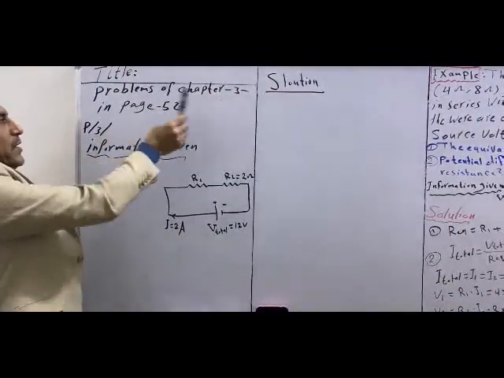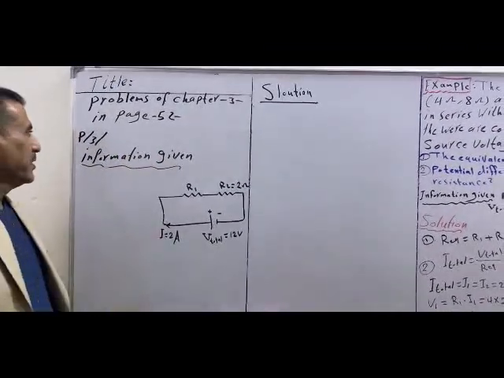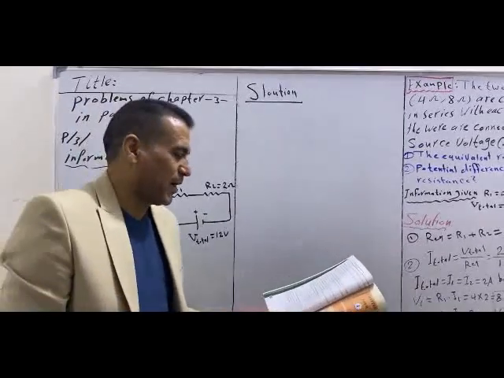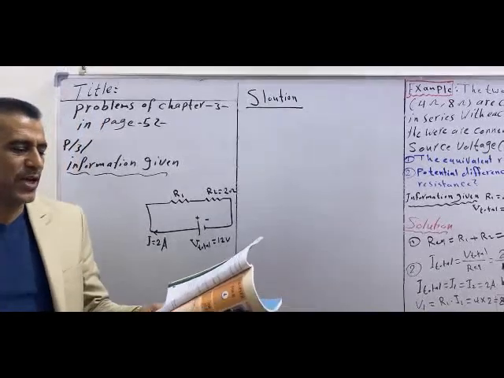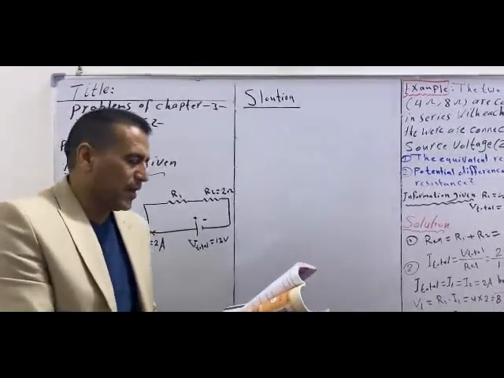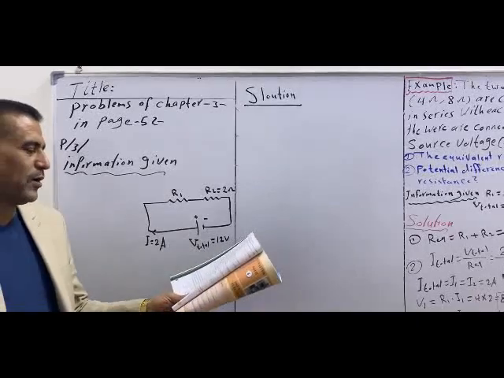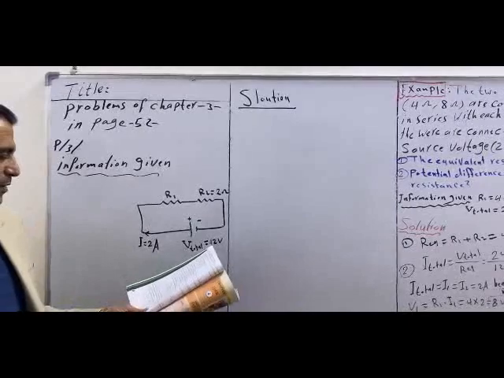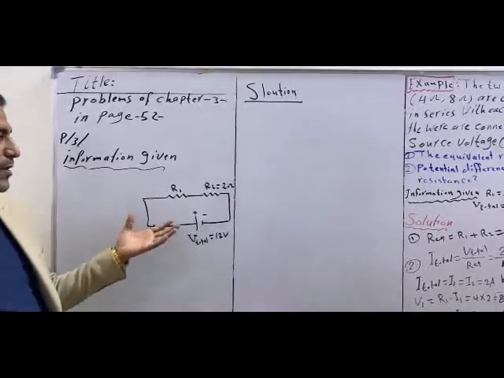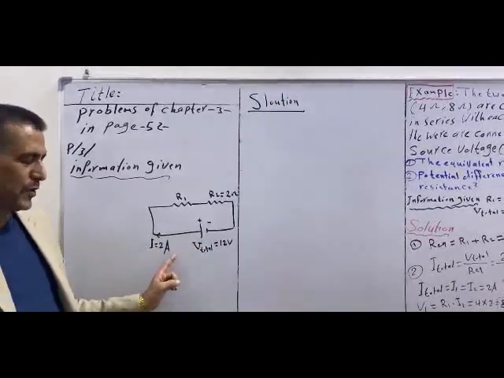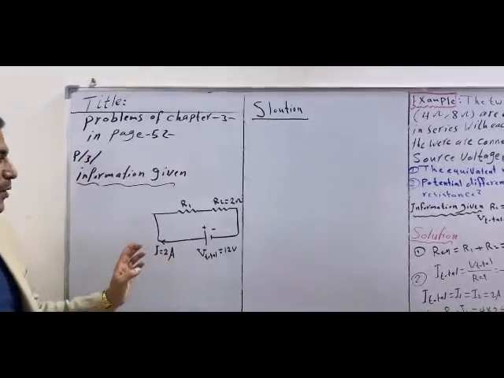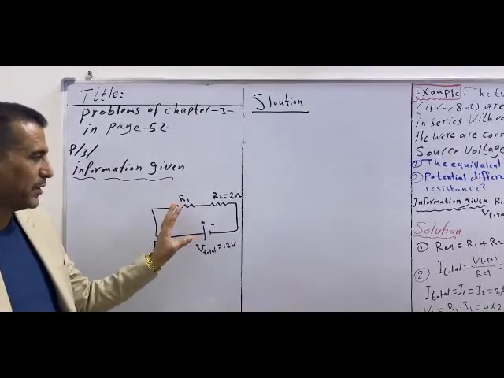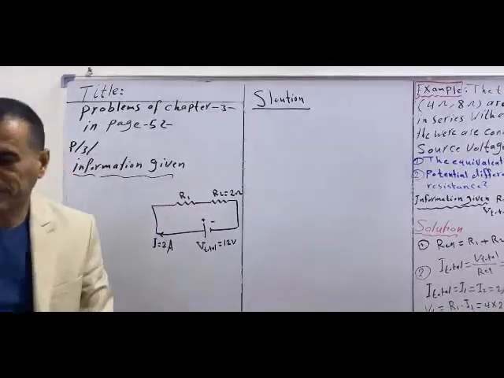Problem of chapter 3 on page 52. Problem 3. Two resistors, R and 2 ohm, are connected in series with each other. Then they are connected to the two ends of a source with electric potential difference equal to 12 volt. The electric current flowing in the circuit equals 2 ampere. Calculate: number 1, the unknown resistance; number 2, the potential difference of each resistance.